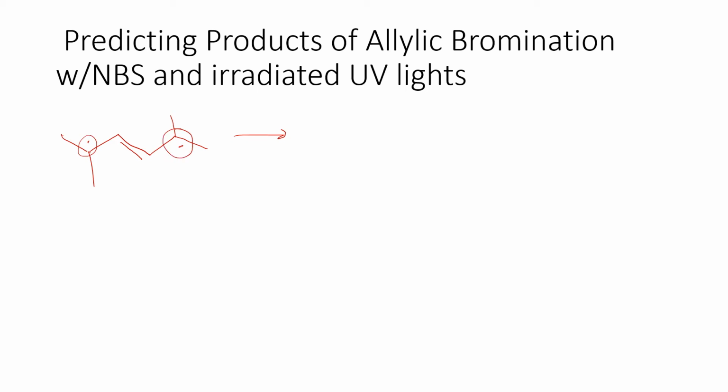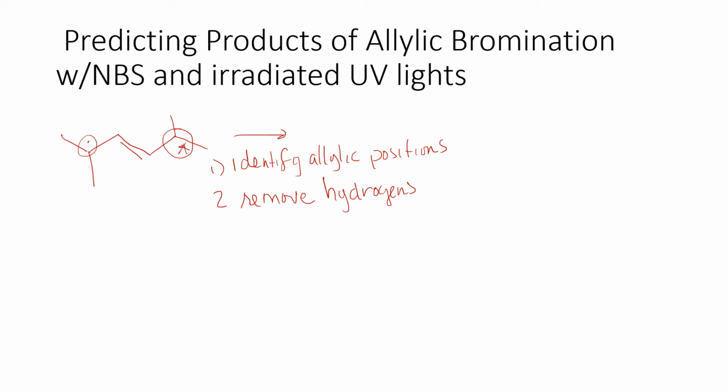So the steps are: one, identify allylic positions, and then two, remove hydrogens. So these are my 2 allylic positions. So now I can remove a hydrogen, forming that radical.